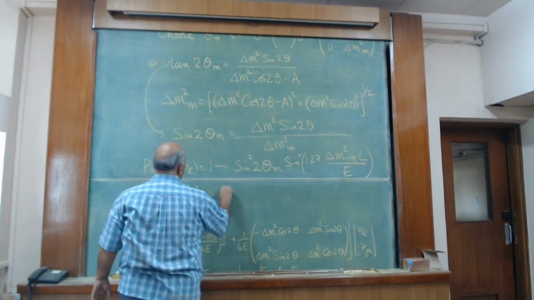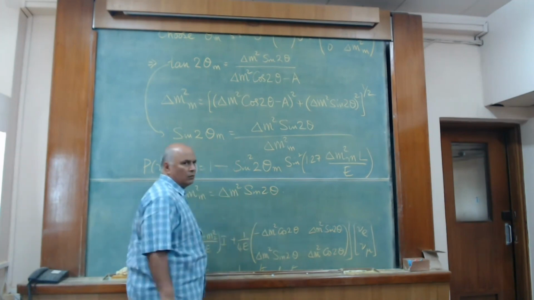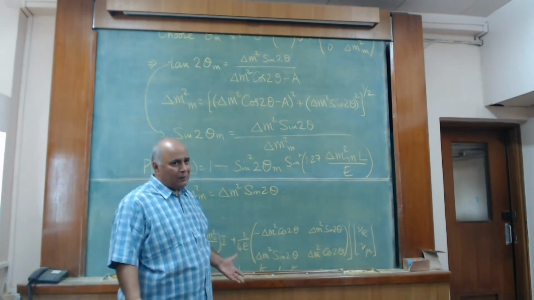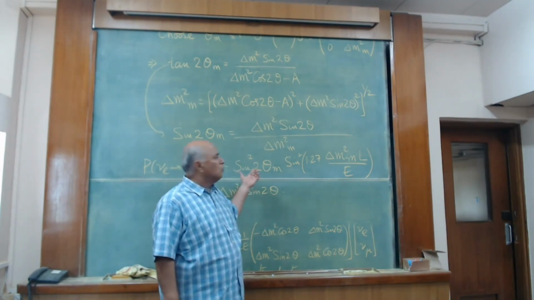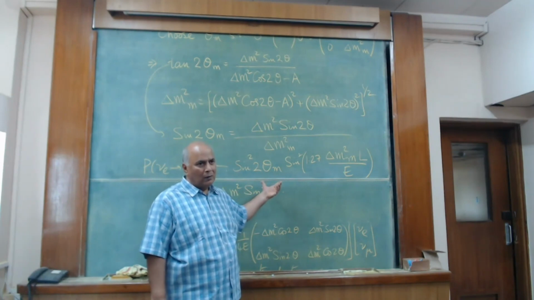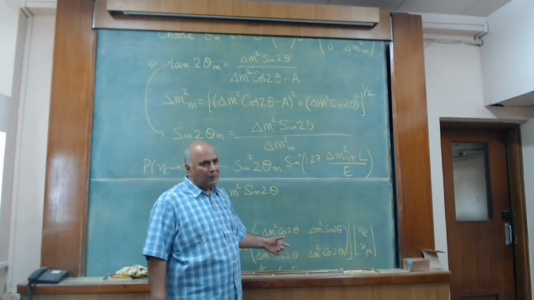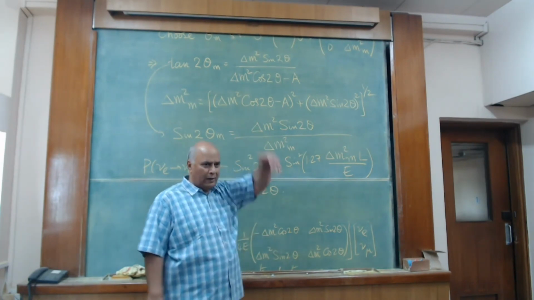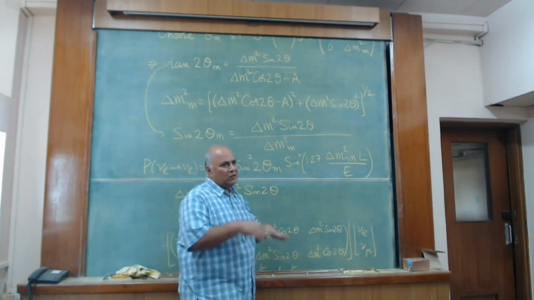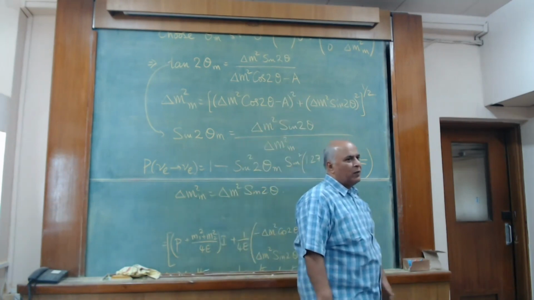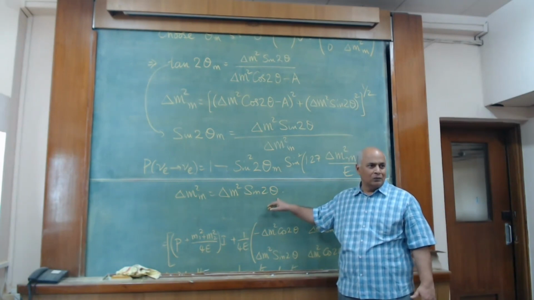Delta m square m now is, my claim is I am boosting the mixing angle from a small angle to sine square 2 theta equal to 1. But when I do that boosting, my delta m square is taking a minimal value. So the energy at which the mixing angle is taking the maximum possible value, my mass square difference is taking a minimum value.